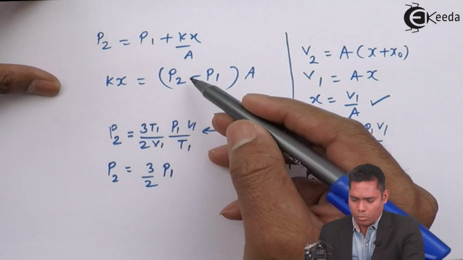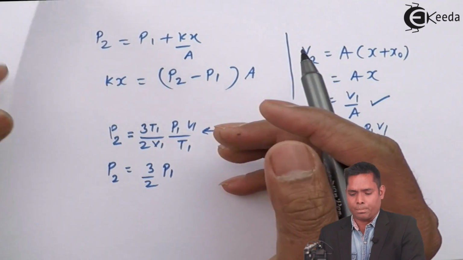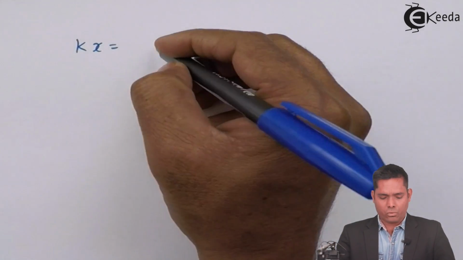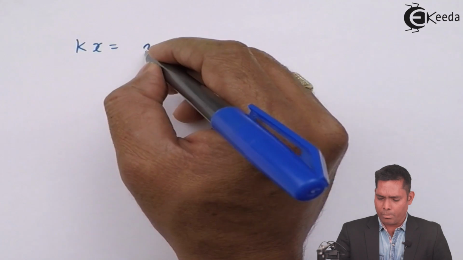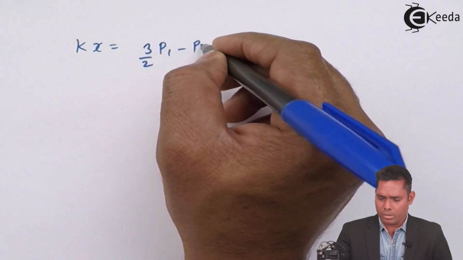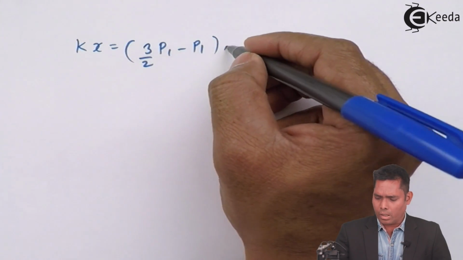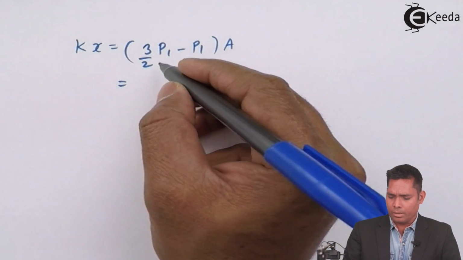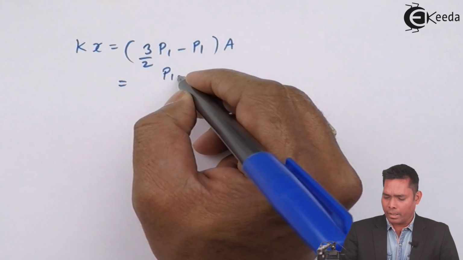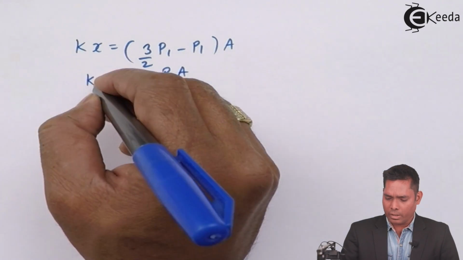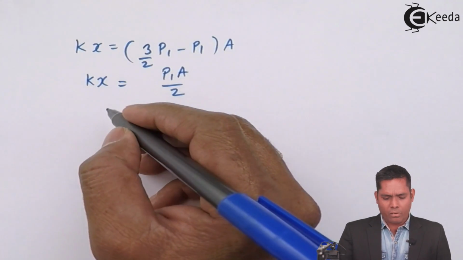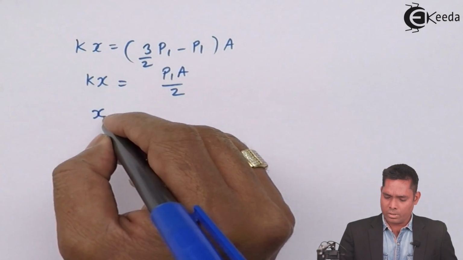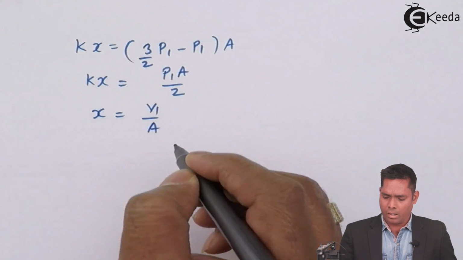By substituting this value, Kx now can be written as P2, which is 3 by 2 P1 minus P1, into A, which is obviously P1A by 2. This is what I got for Kx, and x I have already got, which is V1 by A. So x is V1 by A.